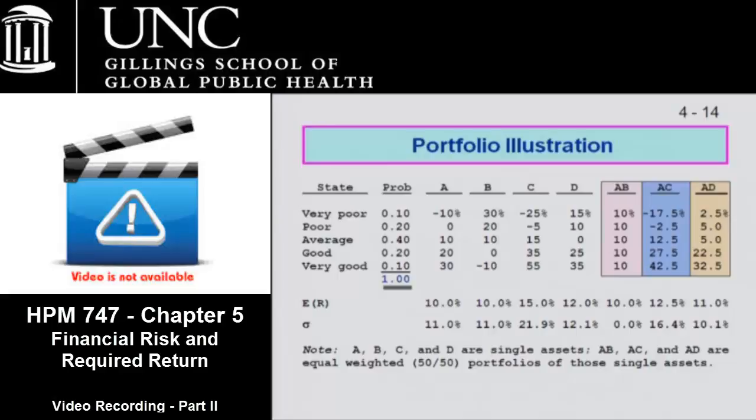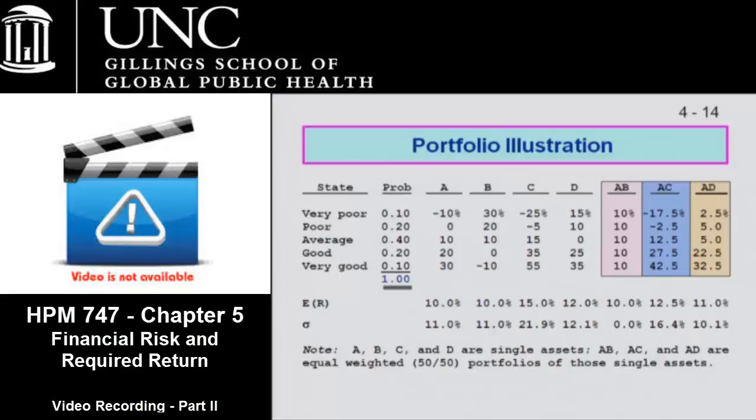If assets are perfectly negatively correlated, that reduces the risk of the portfolio. If assets are perfectly positively correlated, there is no risk reduction. And anything less than positive will lead to some risk reduction.